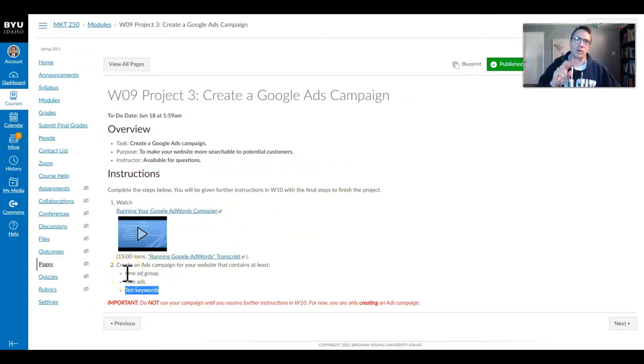So one ad group, 2 ads in the same ad group, and then 10 keywords in that ad group. This is a somewhat optimal setup. I normally like to have multiple ads in a single ad group like this. 10 keywords, though, can be a little bit broad.